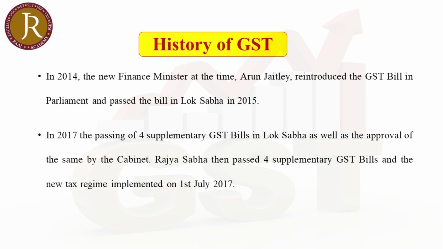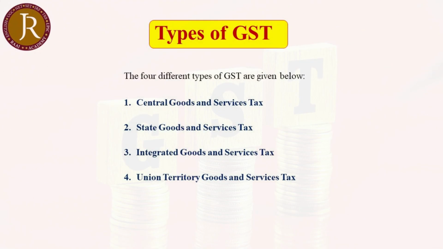In the year 2017, the Lok Sabha voted to approve the 4 supplemental GST bills and the cabinet voted to be the same. These bills were ultimately passed into law. After that, the Rajya Sabha voted to approve 4 extra GST bills and the new tax system went into effect on July 1st, 2017.